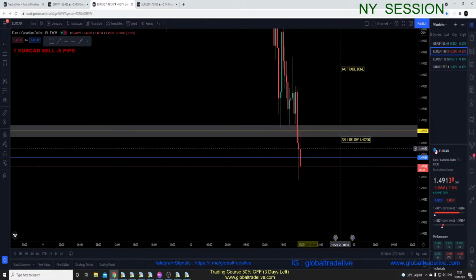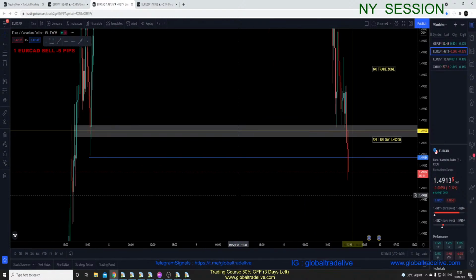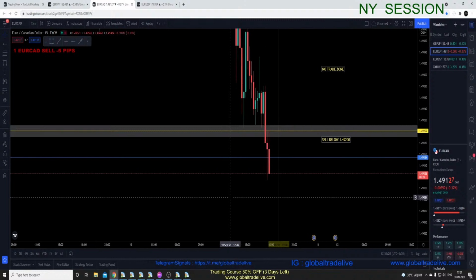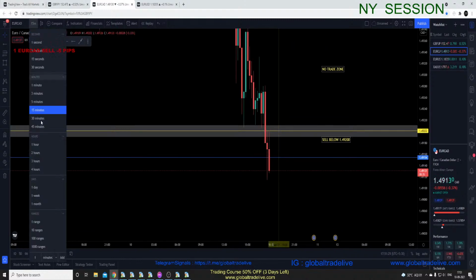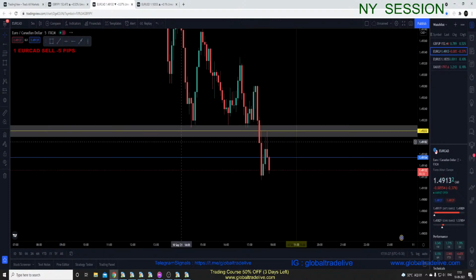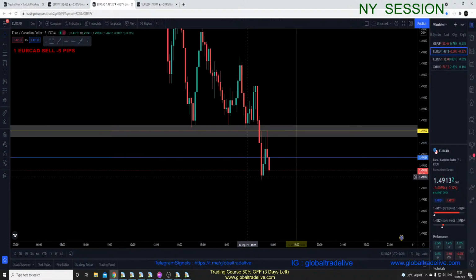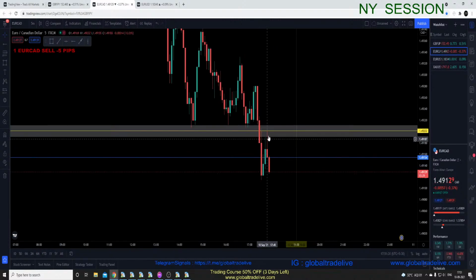Now I want a little bit of retracement. Look, now it's really going down with volume. So this was the retracement that happened.